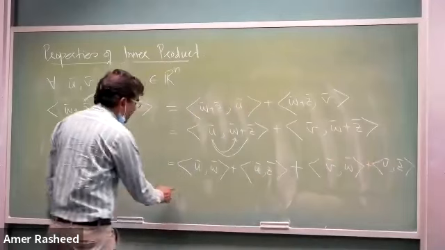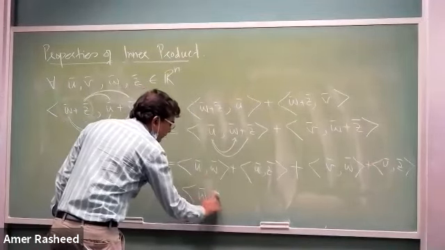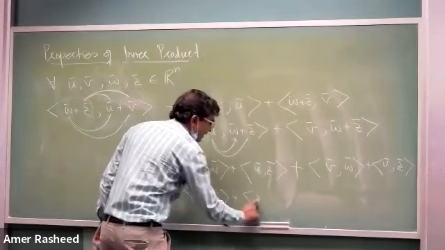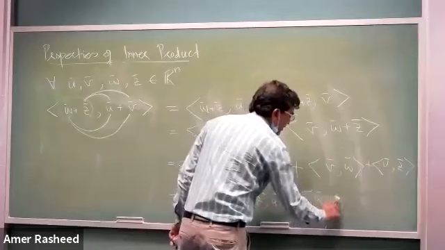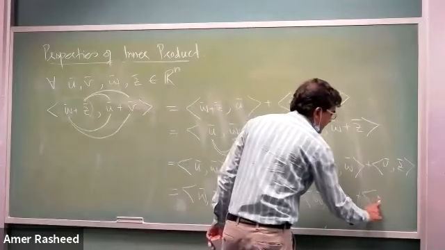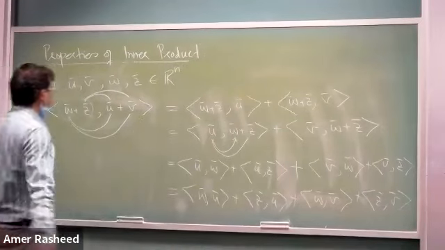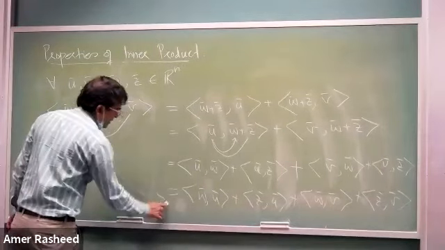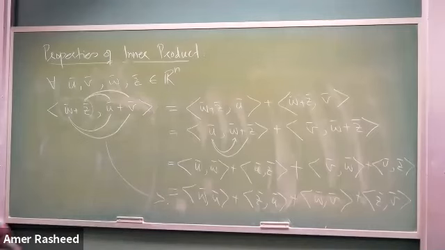Again, inner product is commutative, so we can write it in this form: (W, U) plus (Z, U) plus (W, V) plus (Z, V). So these are the four terms which we can obtain out of this inner product of the sum of two terms. I hope you get it. If you have any question, you can ask me.